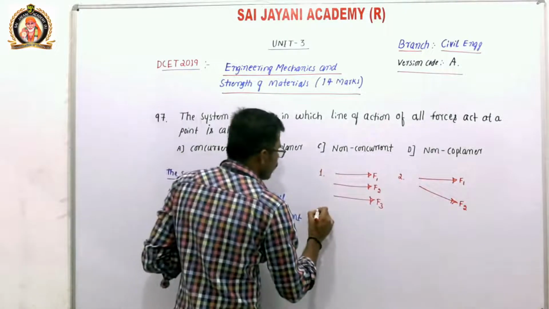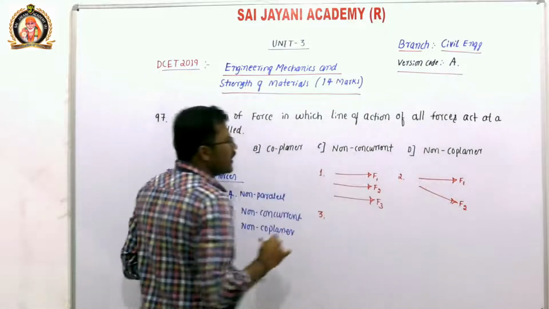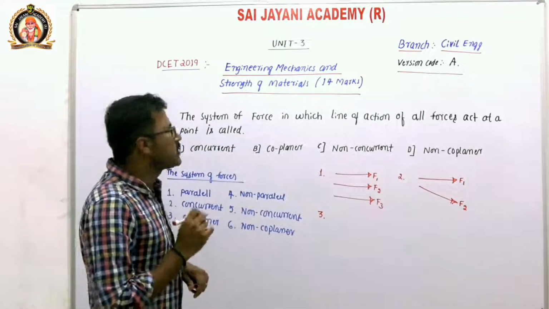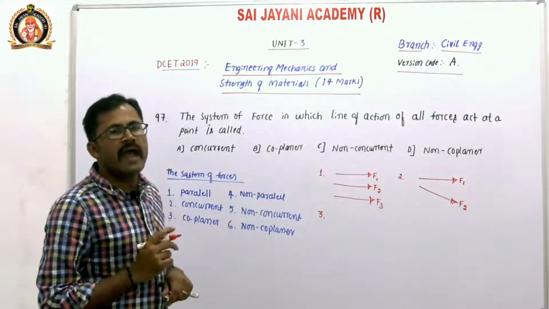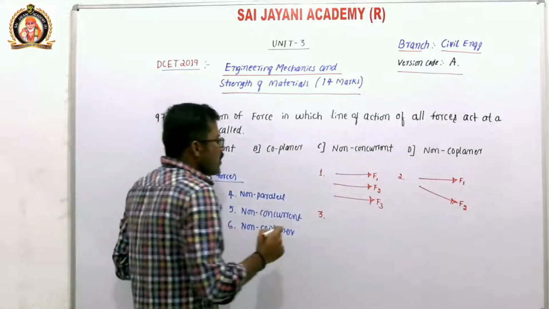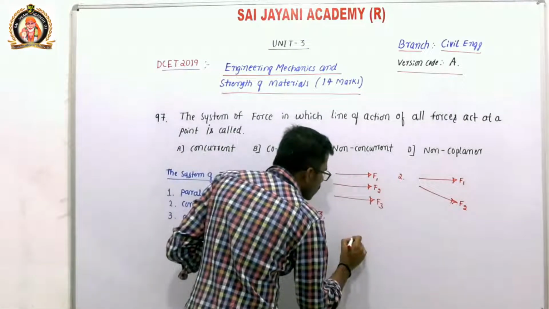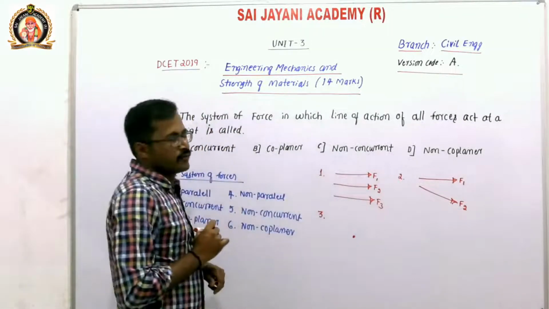So these types of force are called non-parallel forces. Next, concurrent forces. What are concurrent forces? If a system of forces consists of many forces whose point of action is at one point, they are called concurrent forces.